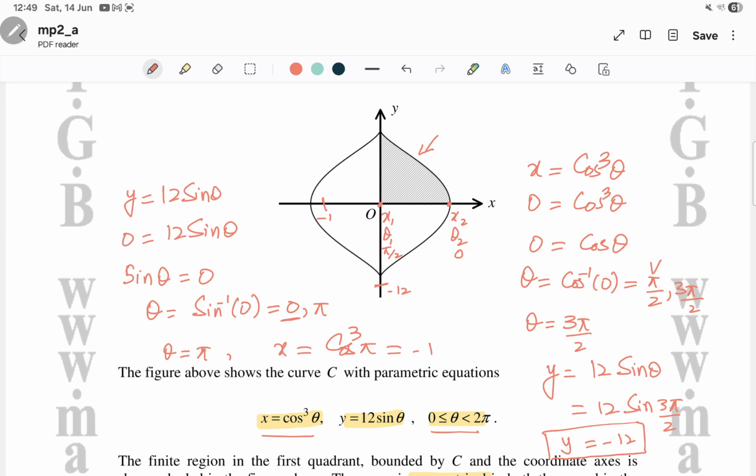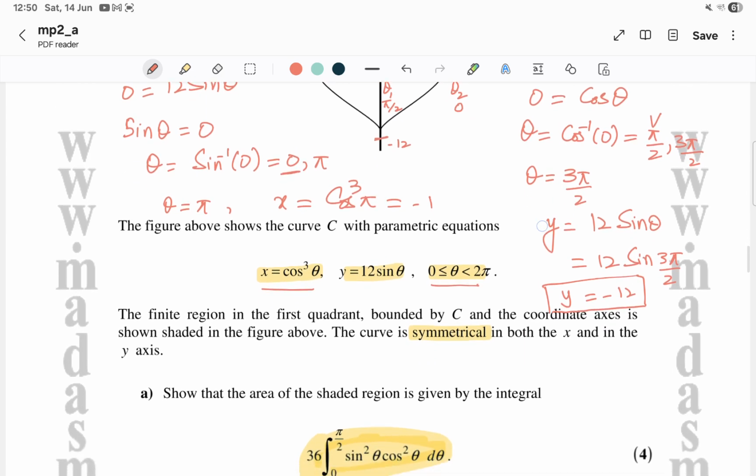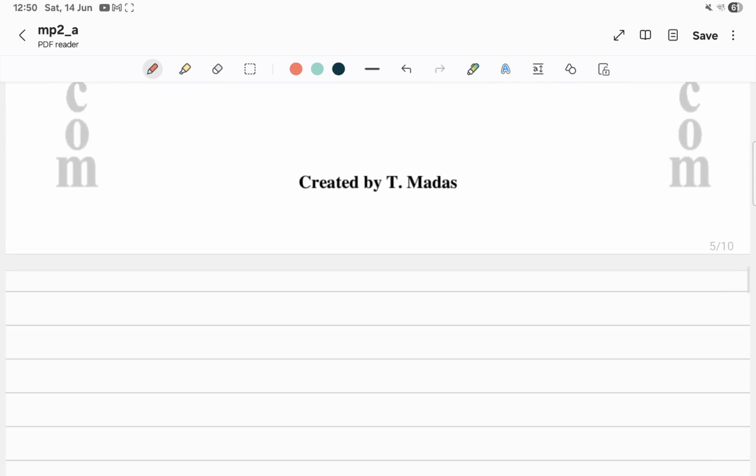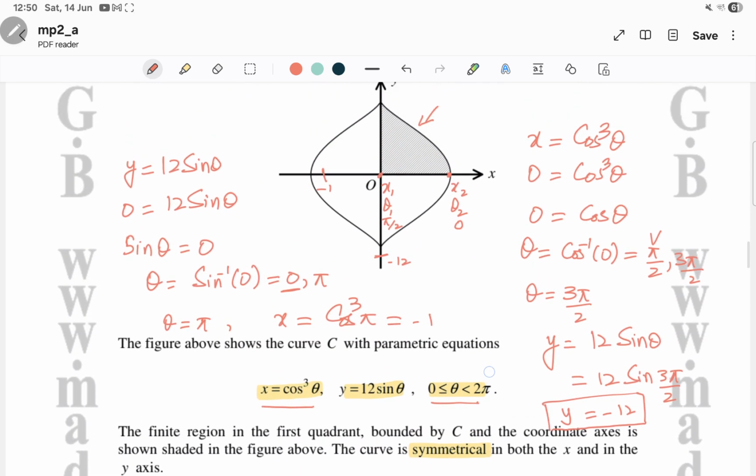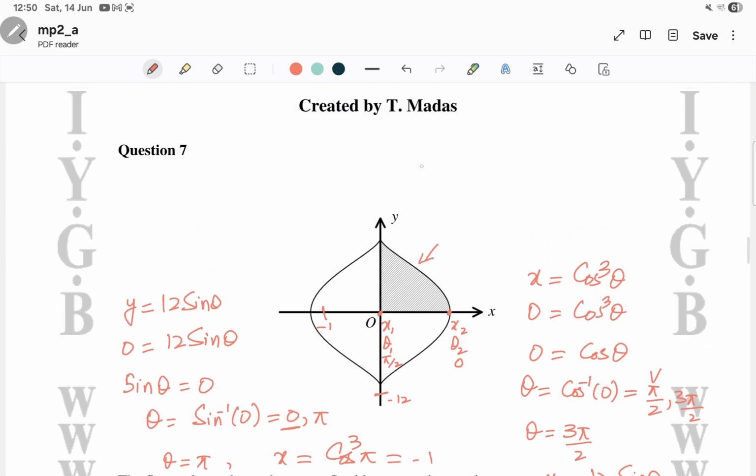Now we can use these limits, theta 1 and theta 2, in our integration. If we consider the area under the curve over here, the formula should be the integral from x1 to x2, from here to here, of y of x dx.